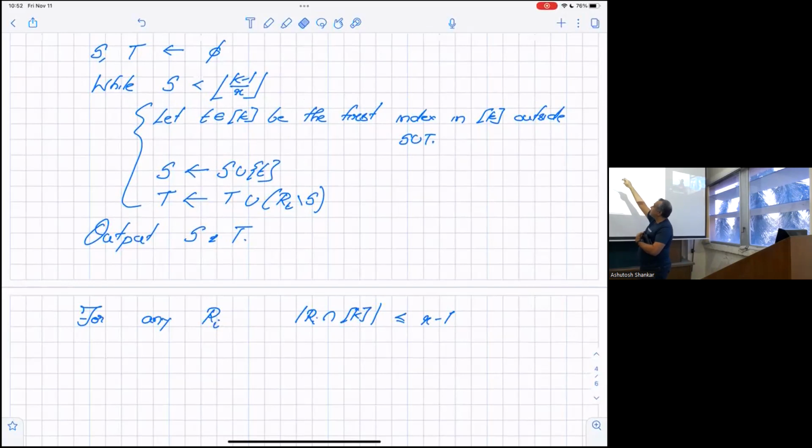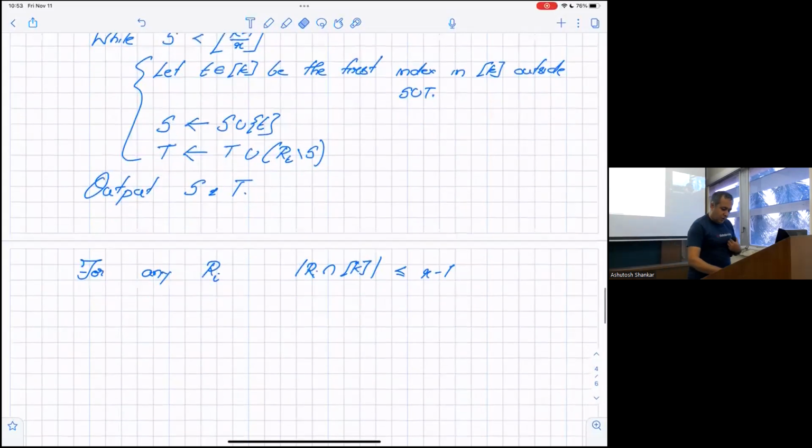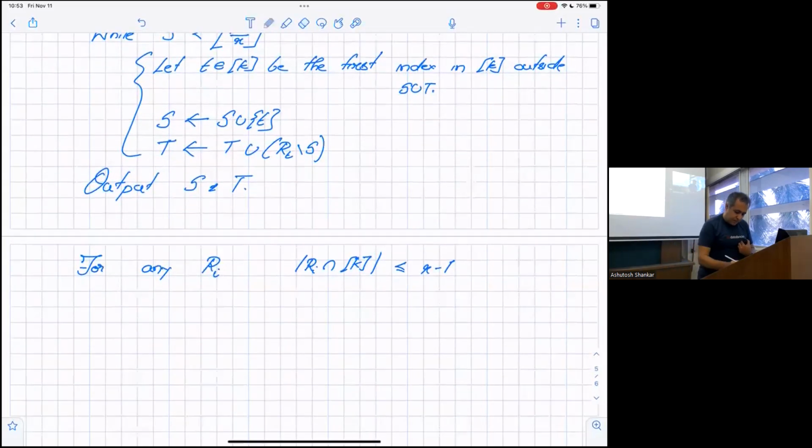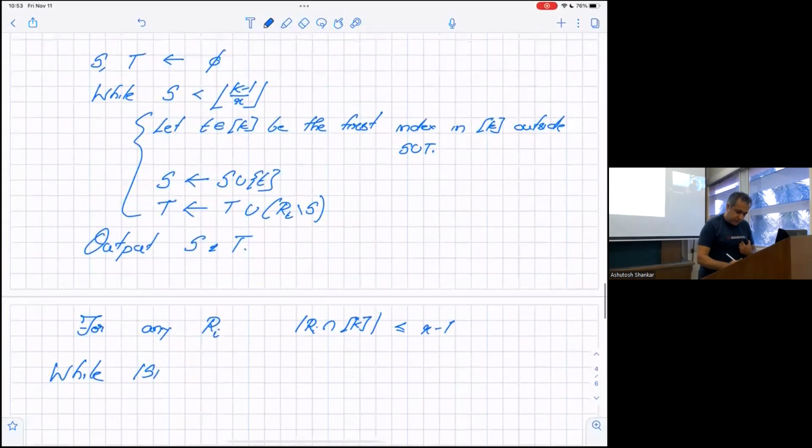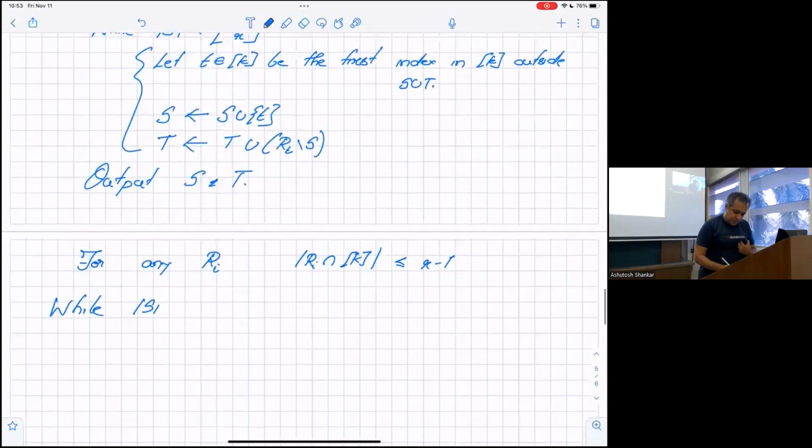Therefore, if the size of S is less than (K minus 1)/R, there's always some element still in K which has not yet been touched. So all I'm saying is: the size of S is less than K minus 1, or S union T intersection K.